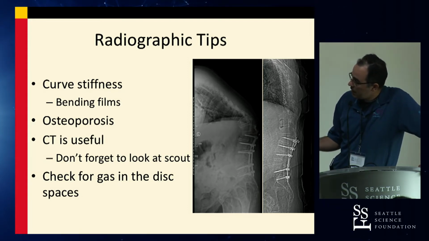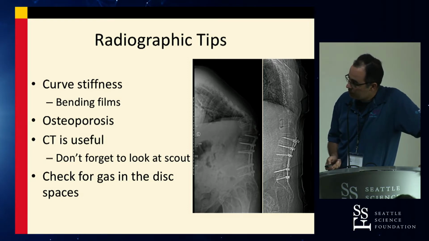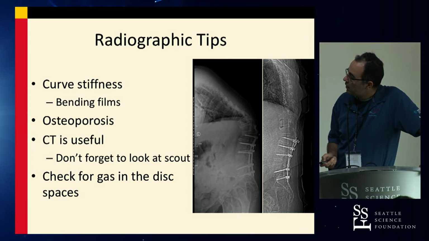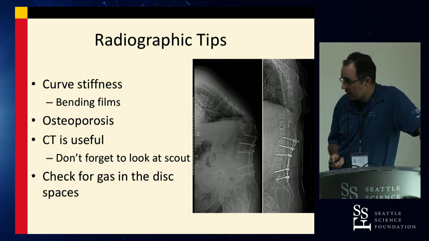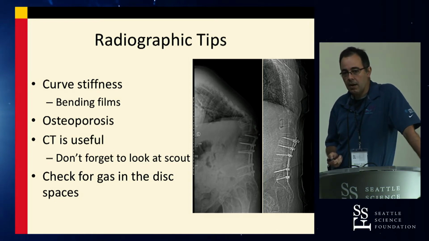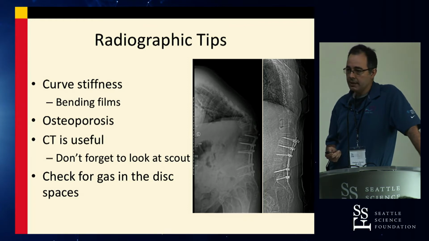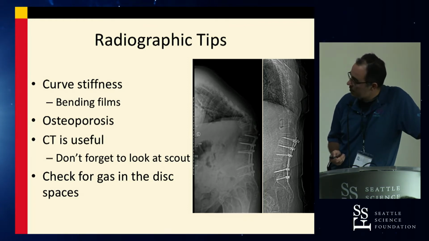Depicted here on the right is the scout image of a CT scan, and you can see the standing X-ray shows a profound positive sagittal balance. If you just look at the CT scan scout image, you can see how much that corrects when he lays down. It's a pretty big difference between standing and laying down.